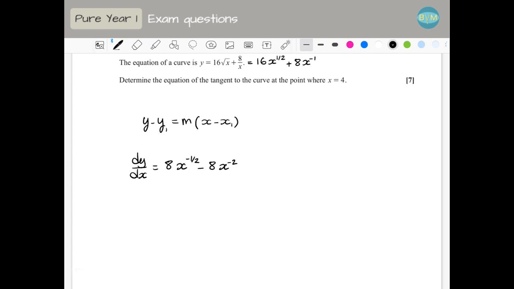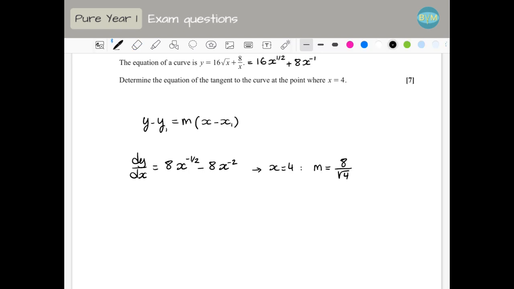Now I'm going to find the gradient when x is 4. If I substitute here, the gradient is 8 times 1 over root x, so I can write 1 over root 4.